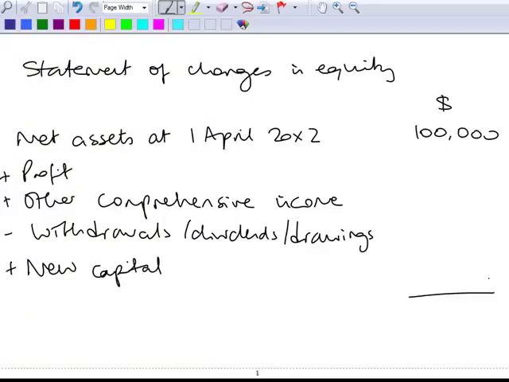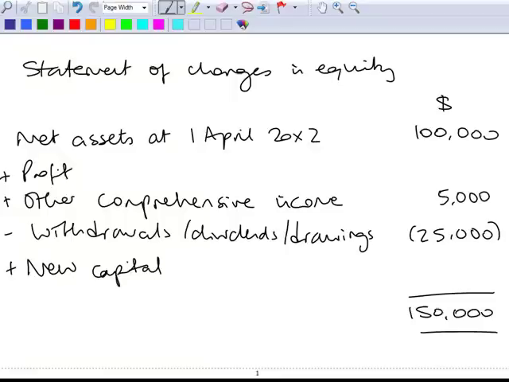Now, just making up some examples here. Suppose that you have a question that says at the start of the period the net assets were 100,000 and you're told that other comprehensive income was 5,000. Well, comprehensive income would increase net assets. You're told that the owner of the business withdrew cash or other assets to a valuation of 25,000.